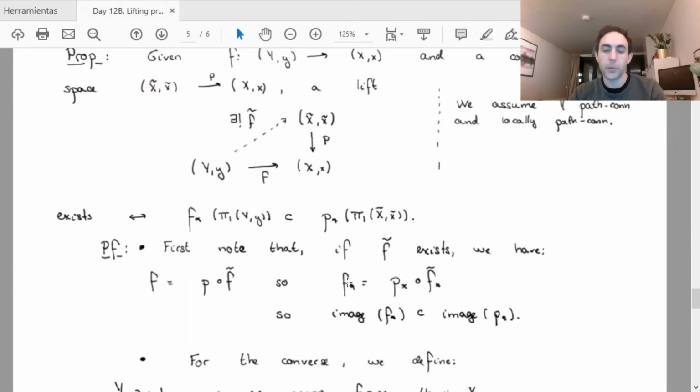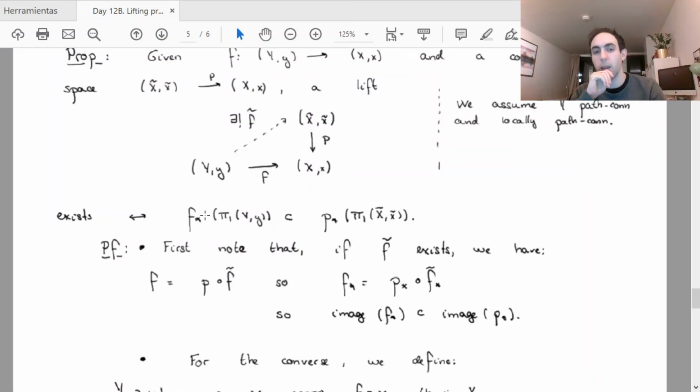If you look at this formula, the image of f star must be in the image of p star, and saying that is exactly this claim. So the arrow going from left to right, we've done.